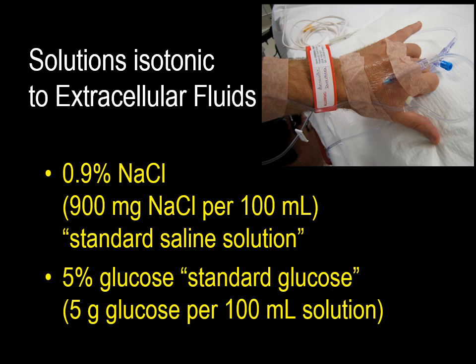You can make a similar solution out of glucose. You take 5 grams of glucose in 100 milliliters of solution, producing a 5% glucose or standardized glucose solution that also will not cause any significant shifting of fluid into or out of your cells.